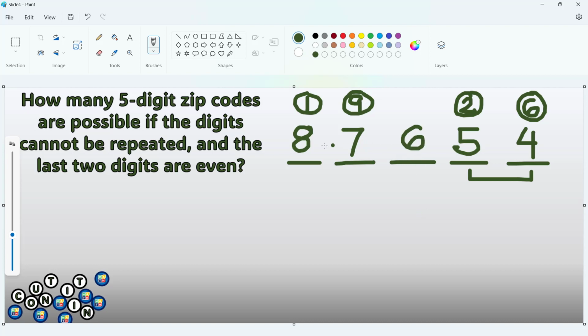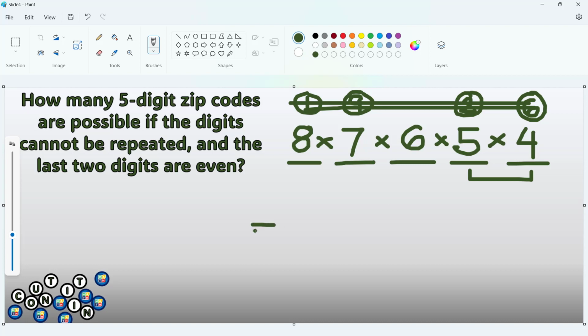So these are now the possible numbers of digits that can be used for the 5-digit zip codes with these conditions. Now, using the idea of the fundamental counting principle, we'll be multiplying all of these, because we only multiply the number of possibilities for each placement.